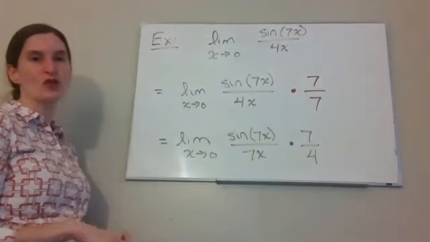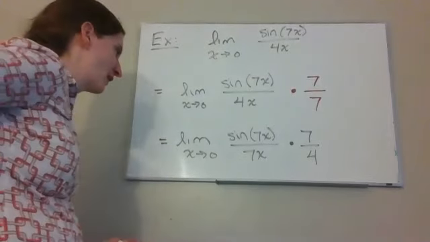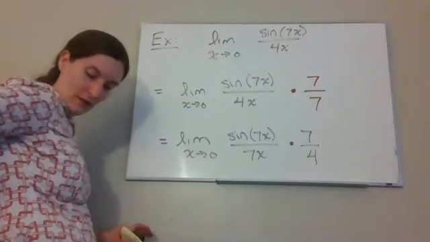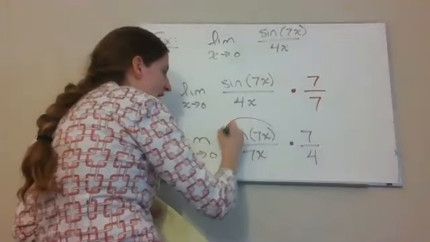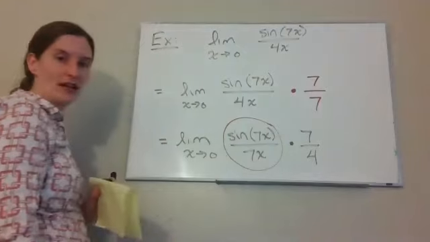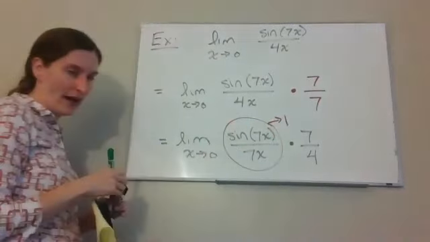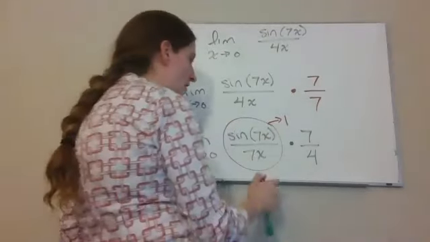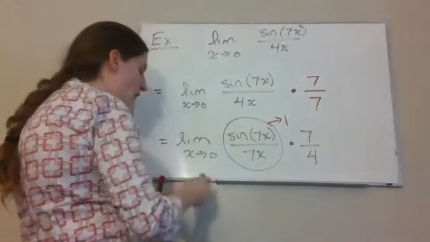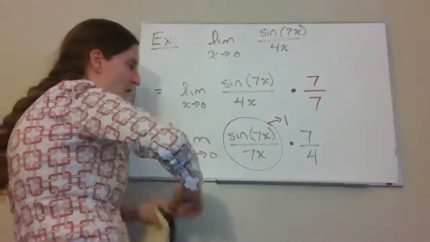They would both give me 28x. But now that I've written it this way, it becomes very clear how I can use my fact because I know that the limit of this guy, sine of 7x over 7x, goes to 1 by my fact. So the entire limit is equal to 1 times the 7/4, and I just get 7/4 as my final answer.